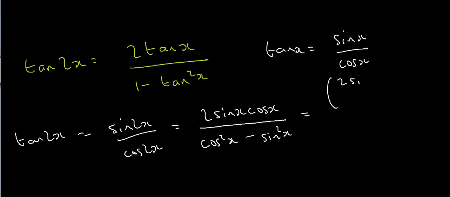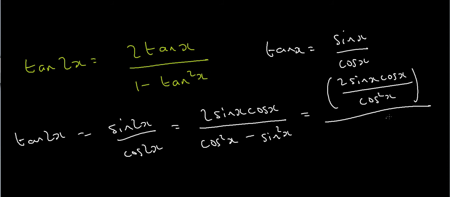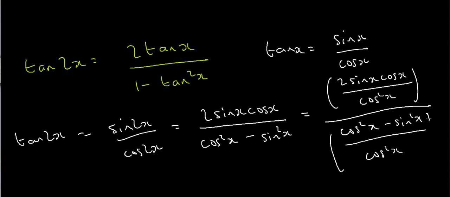I'm going to take the top, so 2 sine x times the cosine of x, and I'm going to divide that by cos squared of x. Whatever I do to the top, I've also got to do to the bottom. So I've got the cosine squared of x minus the sine squared of x in parentheses, all divided by the cosine squared of x.